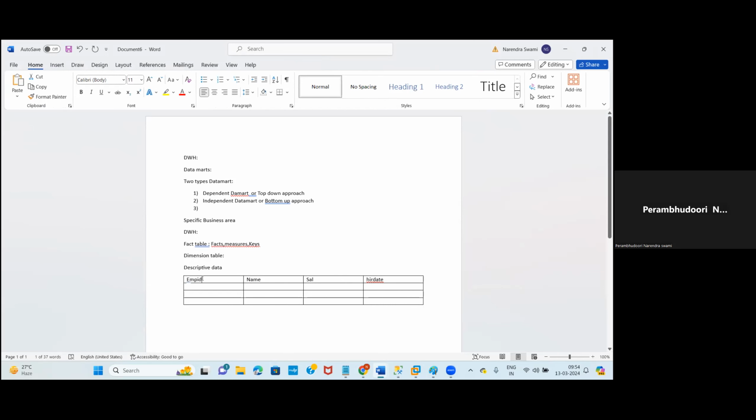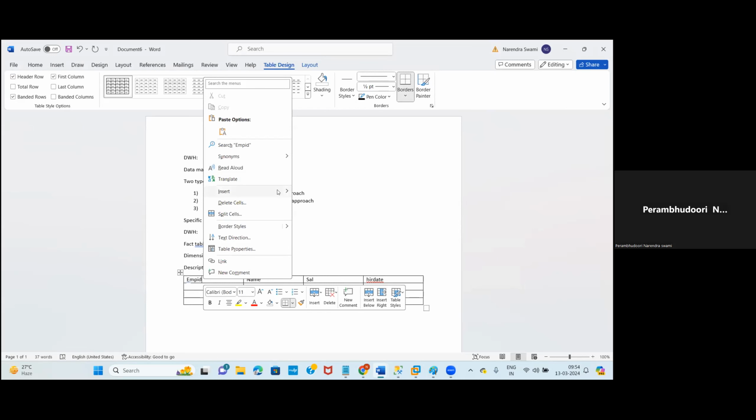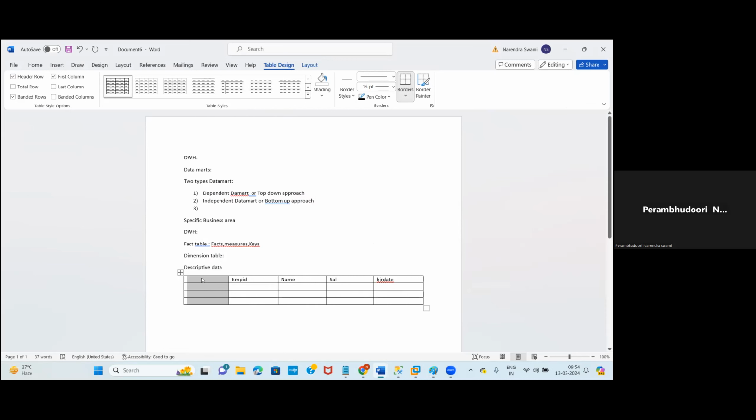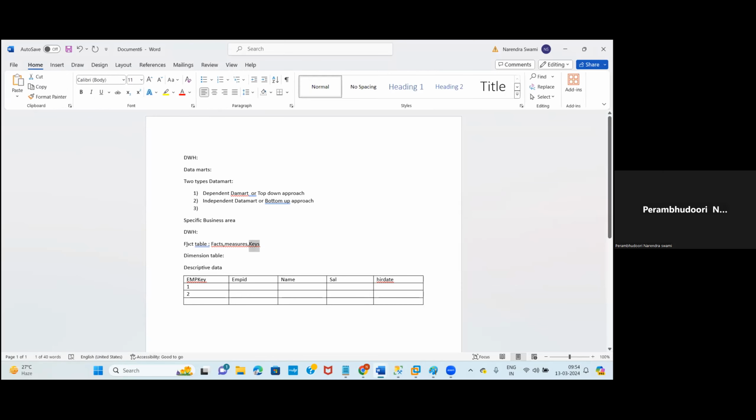Got it? Apart from this descriptive data and ID, we will have one more thing, which is called a key. A key will be generated for every record in a data warehouse, and it will be a sequence number, always a sequence number for each record. Based on these keys, we will maintain the relation between the fact and dimension tables.